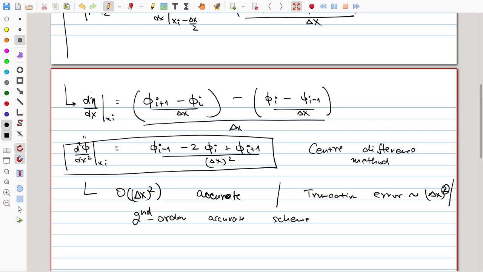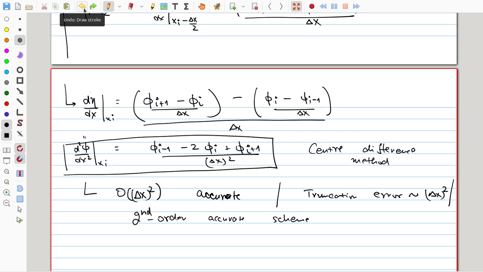It's not the order of the derivative, because the first order derivative d phi by dx could also be discretized using the center difference method, which was a second order scheme. When we use the word again and again, you will get used to it. But for now, just make a note that second order accuracy is the same as saying truncation error is order delta x squared, or accuracy is order delta x squared.